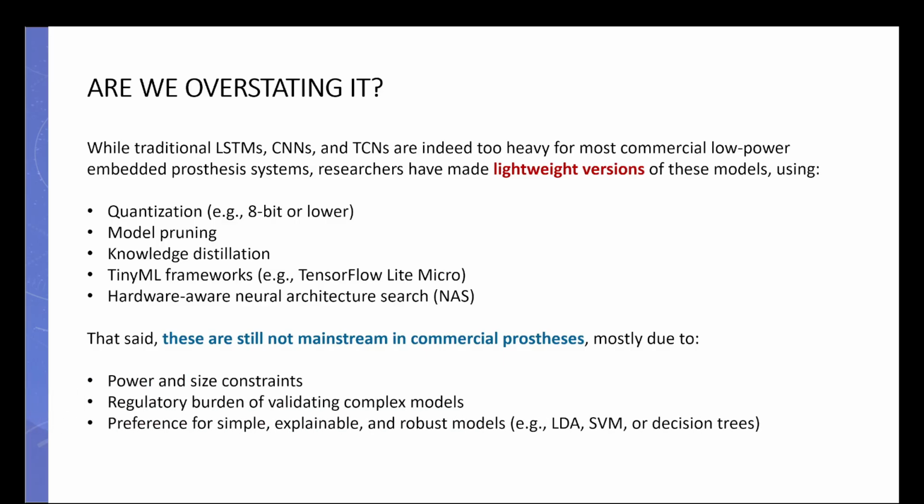That said, these models are still not mainstream in commercial prostheses, mostly due to power and size constraints, the regulatory burden of validating complex models, and a preference for simple, explainable, and robust models like LDA, SVM, or decision trees.